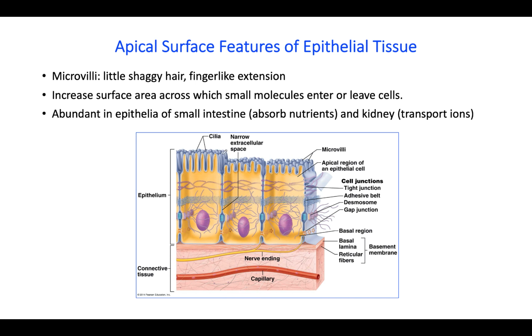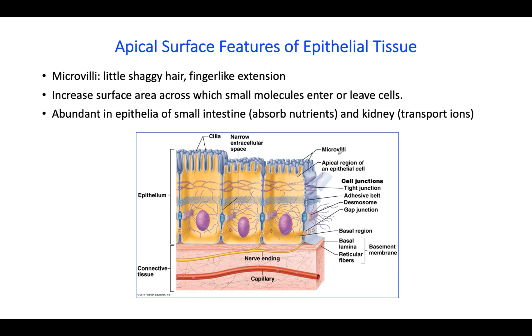And what kind of molecule composes cilia? Do you remember? One of the cytoskeleton. What is that? Microtubules make up cilia. What about microvilli? It's just a membrane protrusion. There's no cytoskeleton to form microvilli.